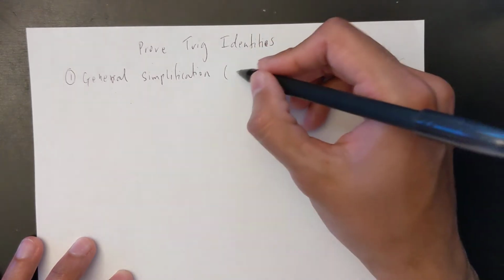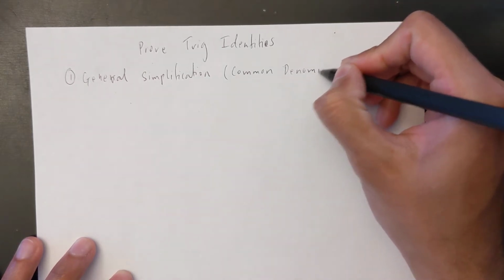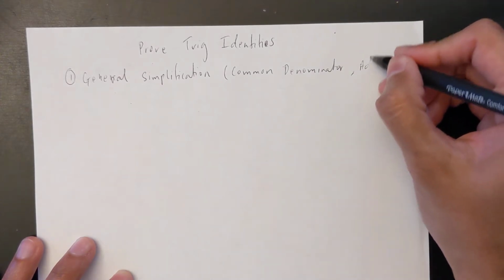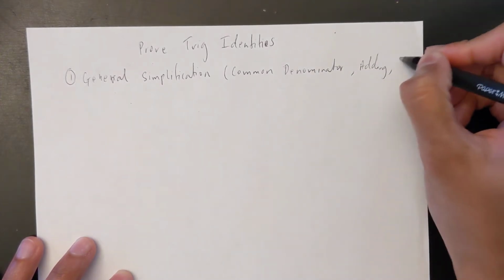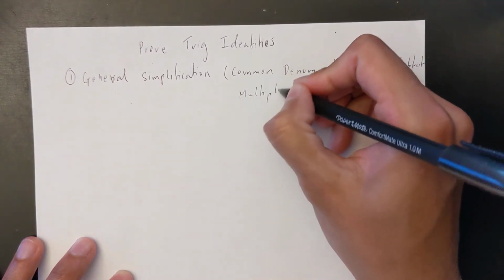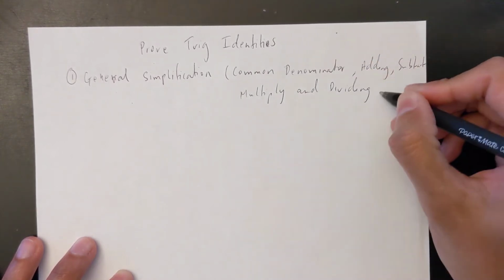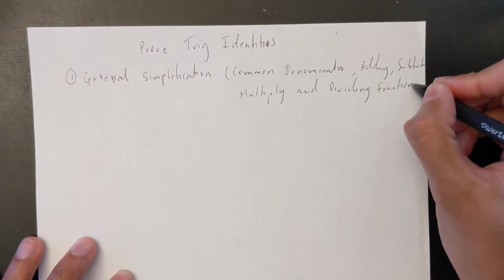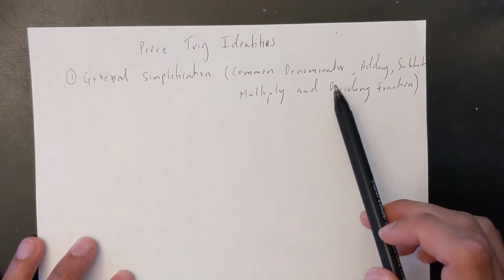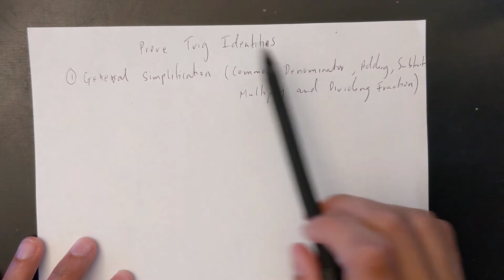So things that I'm talking about are common denominator, adding, subtracting, multiplying, and dividing fractions. And just similar simple simplification rules that you've learned in previous grades but you've never done with trig identities before. We got to apply them to trig identities now.